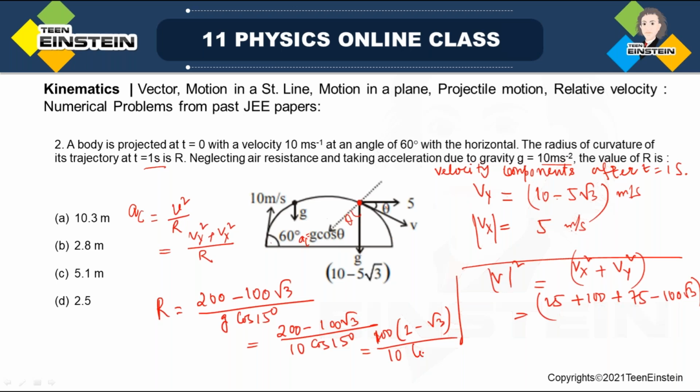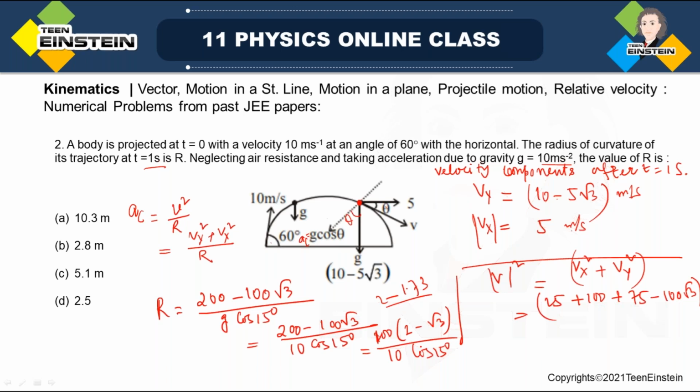Here cos 15 degree will be there. Cos 15 degree is not the value of this; anyway, this will be giving you tan 15 degree. So 10 into this factor, 2 minus root over 3. Root over 3 means 1.73 you can use, and this is 2.